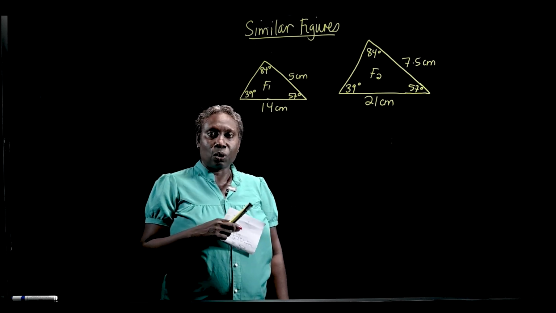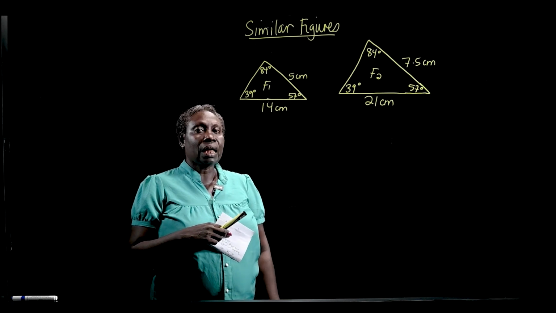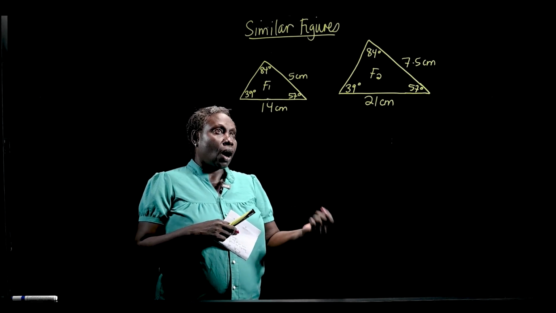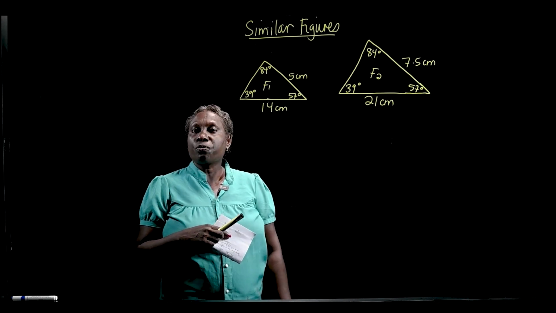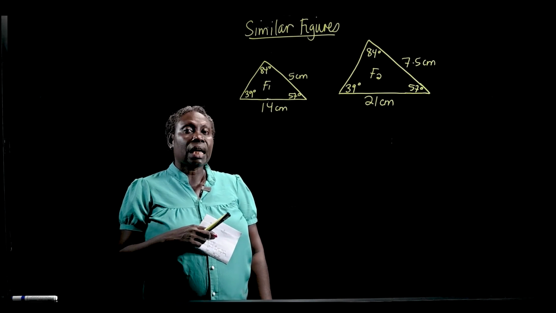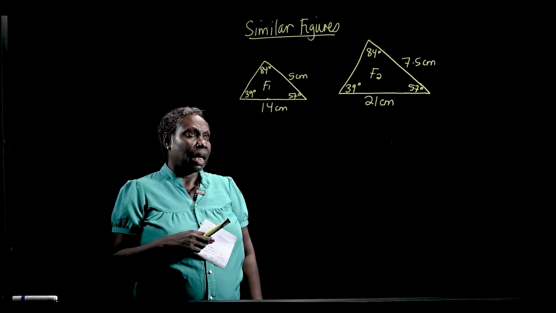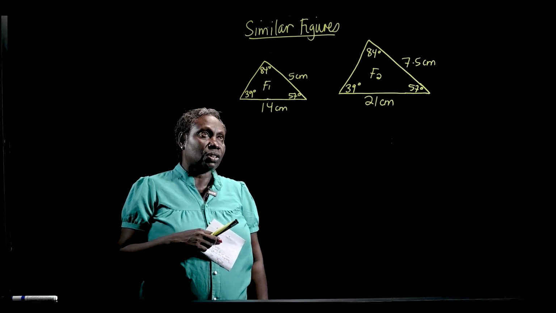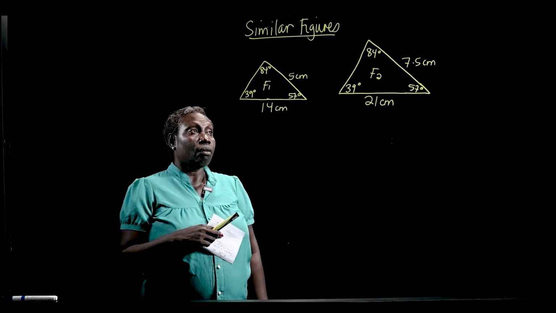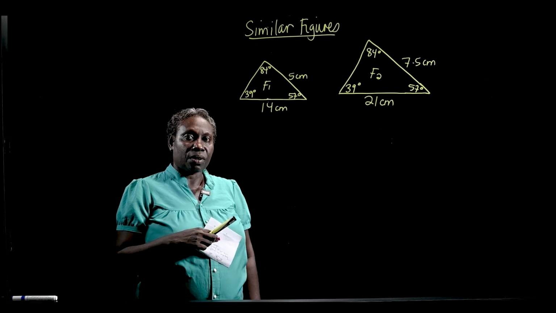Now we are going to look at how we can apply similar figures to find the unknown sides. We have to look at the scale factor. Scale factor is really a factor that is used to either increase the size of the figure or decrease the size of the figure.